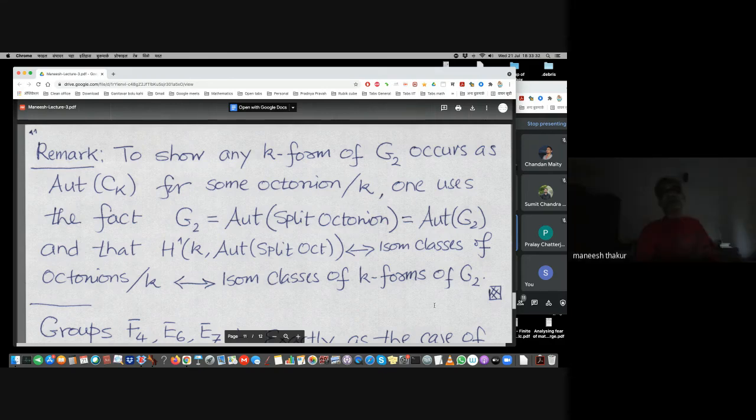Other than D-type groups and E6, you have to just rule out the symmetric diagrams. No, but Riddhi, you must take a group with trivial center also. So we want equality. So the diagram automorphism should be trivial as well as the center should be trivial. Not just finite, your center should be trivial. Okay. Nice.